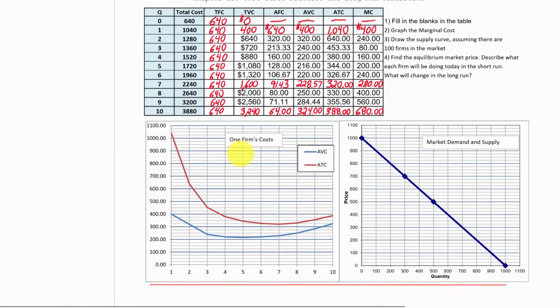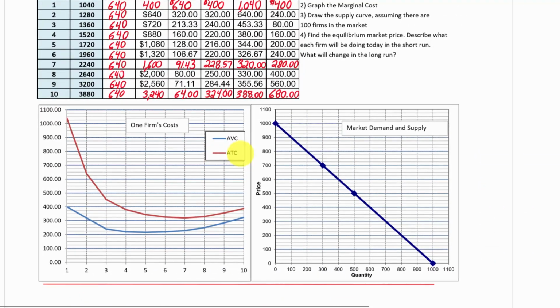All right, let's graph those marginal costs very quickly. I'll use green here. The first unit costs $400 to produce. The second one, $240. Okay, just below $250 there. The third one costs $80. The fourth one costs $160. The fifth one costs $200.